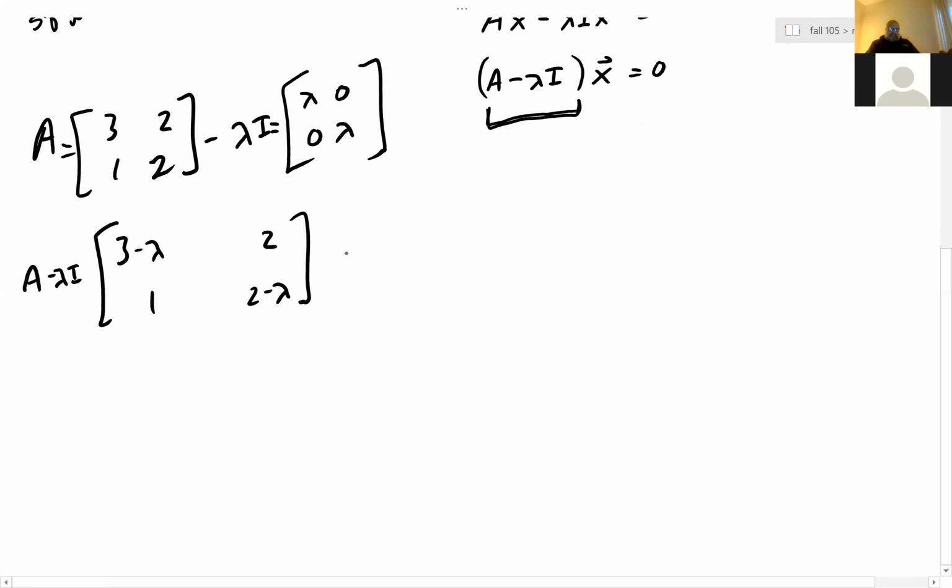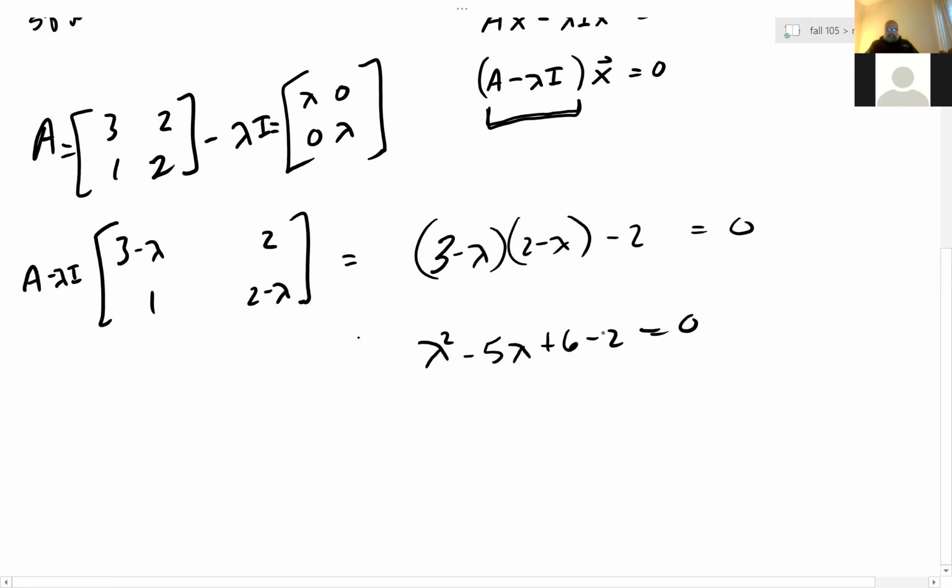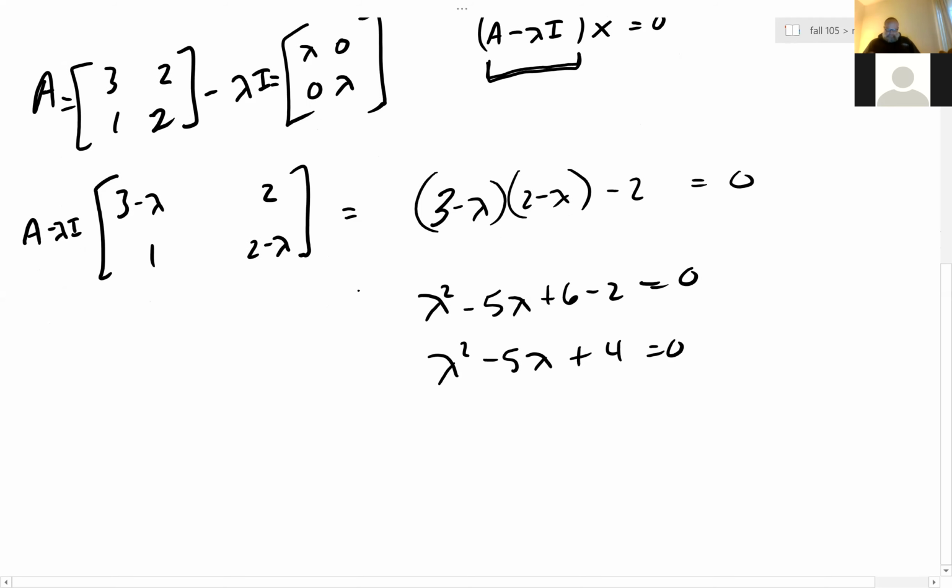And so to do that, we can take the determinant of it. We take the determinant of this guy, and you get 3 minus lambda times 2 minus lambda, minus 2. And of course, set it equal to 0. And you get lambda squared minus 5 lambda plus 6 minus 2 equals 0, or lambda squared minus 5 lambda plus 4 equals 0.